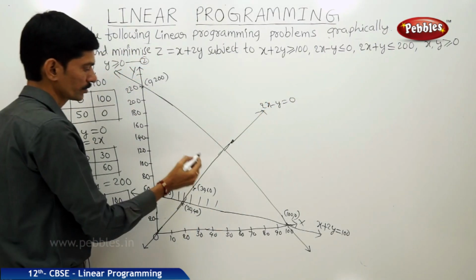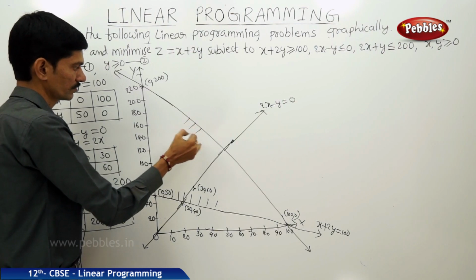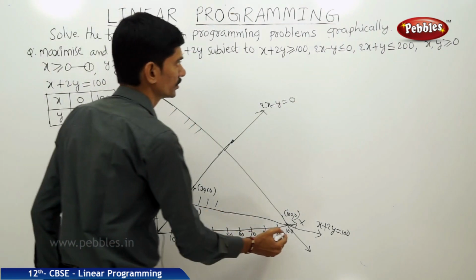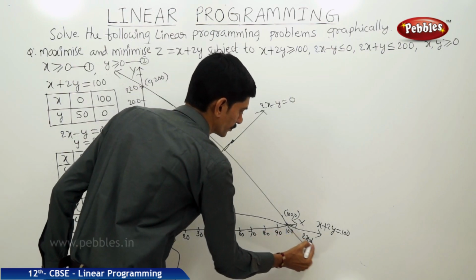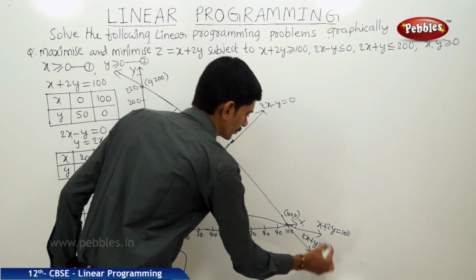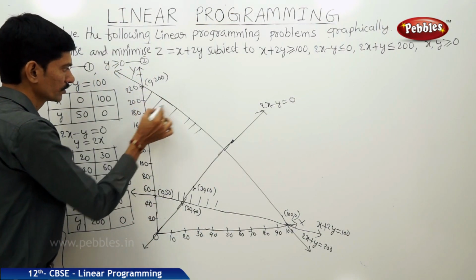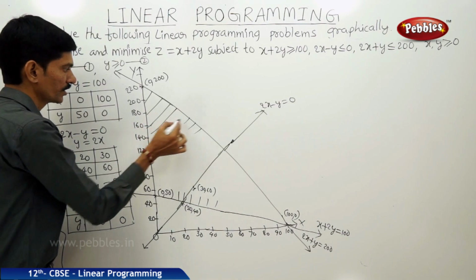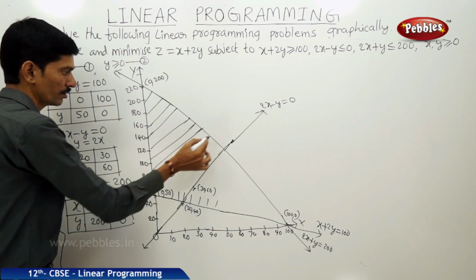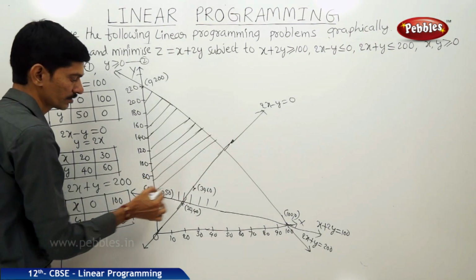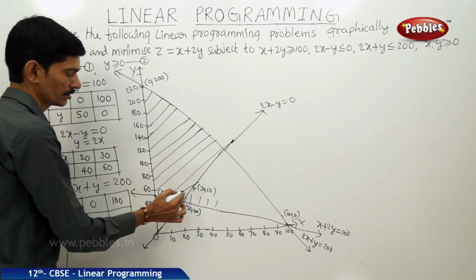So that is why this should be shaded towards the origin. So this is represented by 2x plus y equal to 200. So here we are getting the common region. We are shading the common region represented by all the given inequalities. So this is what our common region.